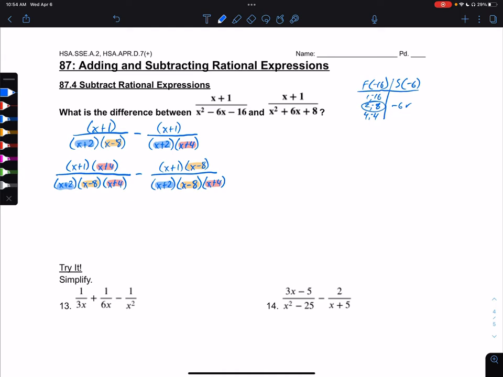From here, we want to start distributing within the numerator, and then eventually we're going to actually combine these fractions. So I'm going to take my numerator and distribute the x and the 1. So we get x squared plus 4x plus 1x plus 4. And that's all going to be over my common denominator.